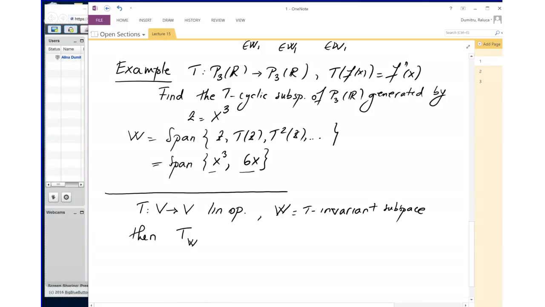It means that I'm only applying T to elements of W. Okay, so I'm defining this map on W. And where will it take W? What will be the codomain of this map? Well, when I apply T to something in W, what happens? Because W is T invariant, it goes back to W. So the nice thing is that the restriction turns out to be a linear operator or a linear transformation on W, which again, in general, might not be the case.